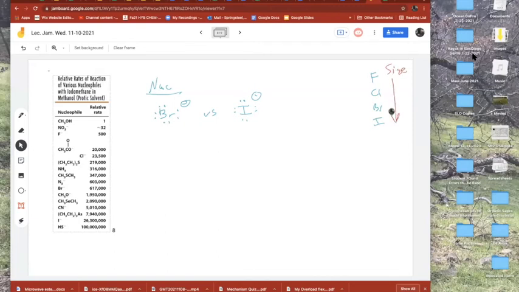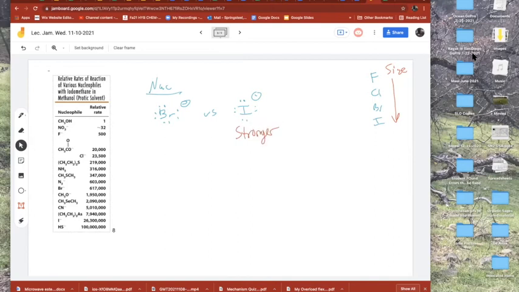So which is the stronger nucleophile, bromide or iodide, do you think? Yep. Stronger. You can see it down here.